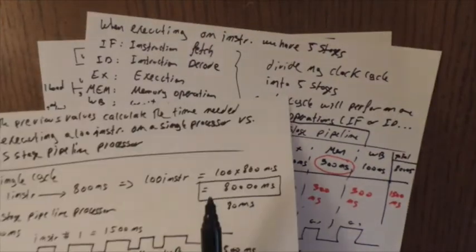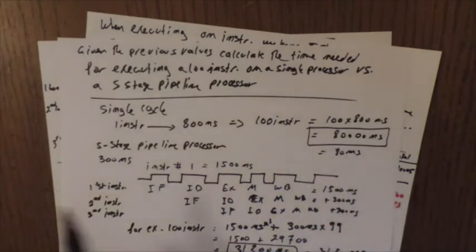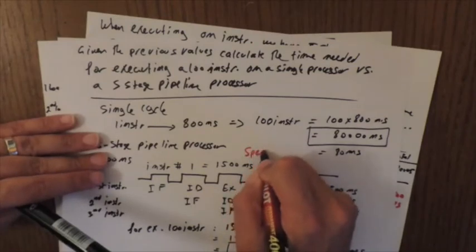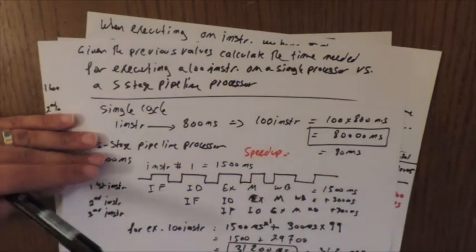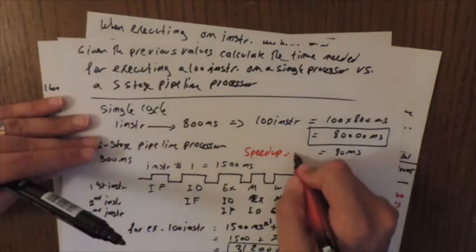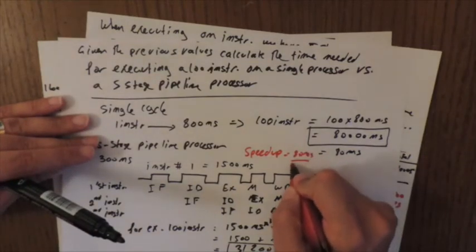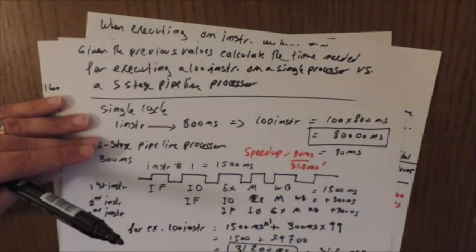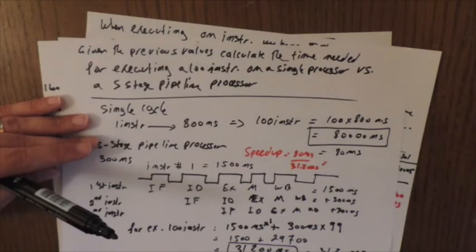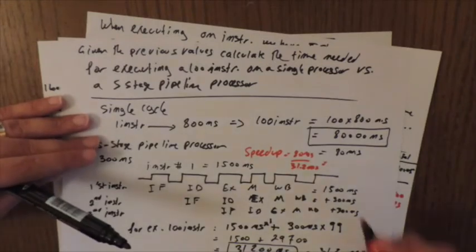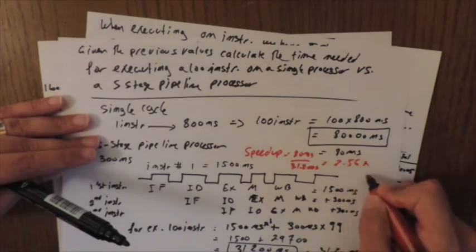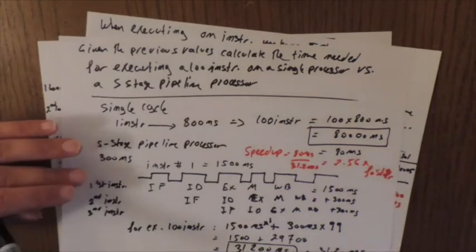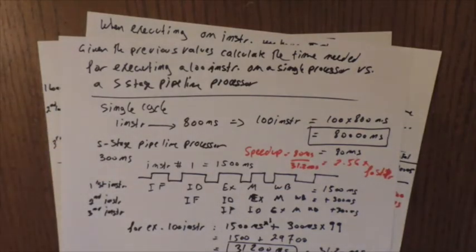And if you want to see the speed up attained here, we can say this is 80 milliseconds over 31.2 milliseconds, and here we can get the ratio of, let me calculate it, 2.56 times faster. Okay, so this is the major advantage of having pipelining.